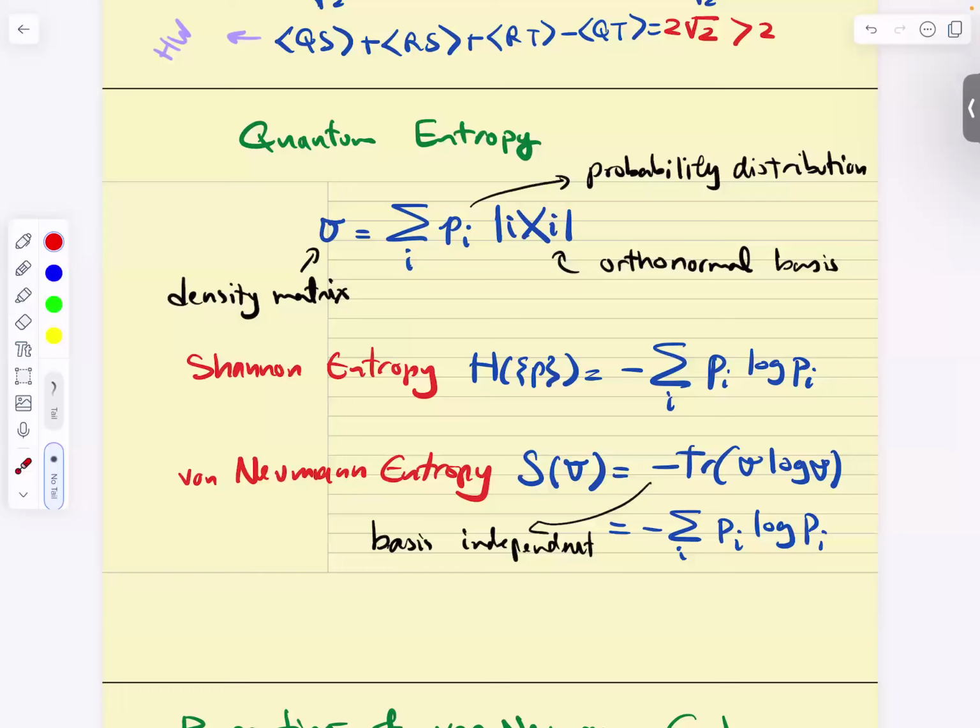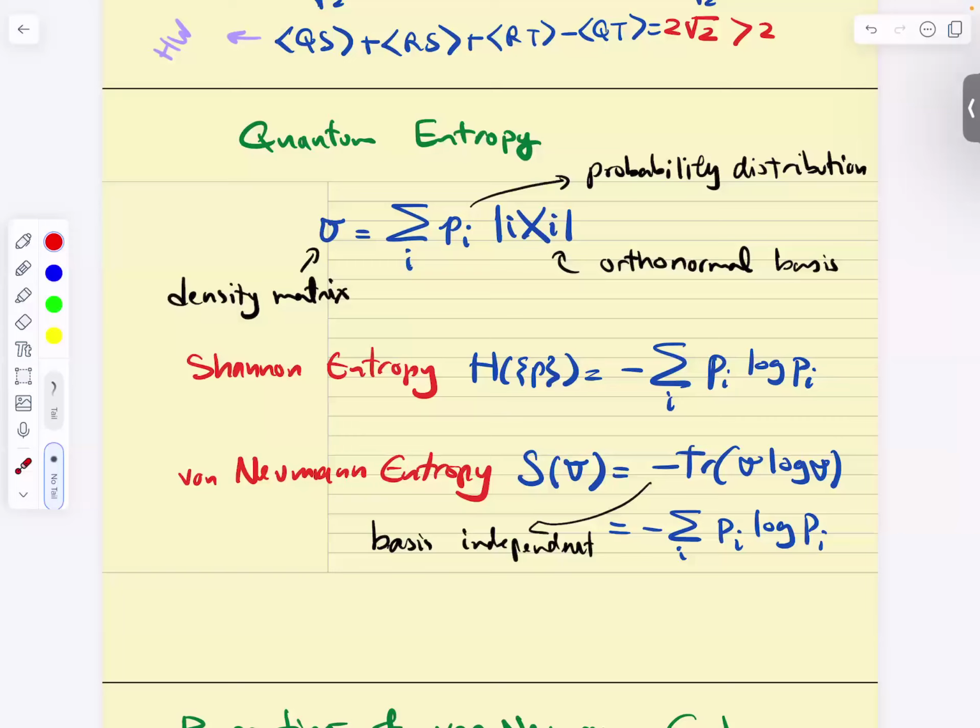So the Shannon entropy is associated to a probability distribution. The input is a probability distribution. The output is a number, a positive number. This is the definition: given a probability distribution P, H of P is minus the sum over i of p_i log p_i.